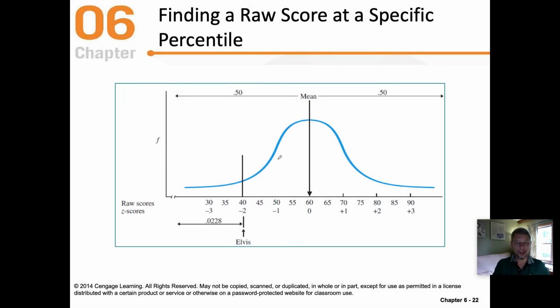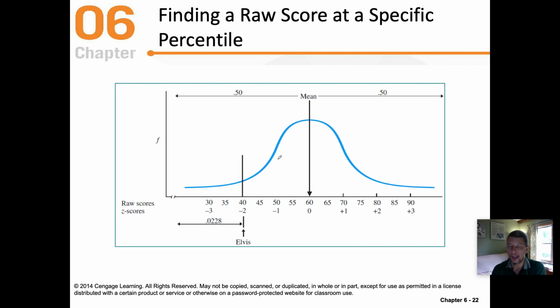Now, what does this mean? Let's go back to our attractiveness scale and start with a new victim on this scale. The victim's name is Elvis. Elvis has a raw score on the attractiveness scale of 40. We know that the average score is 60 and that the standard deviation is 50.